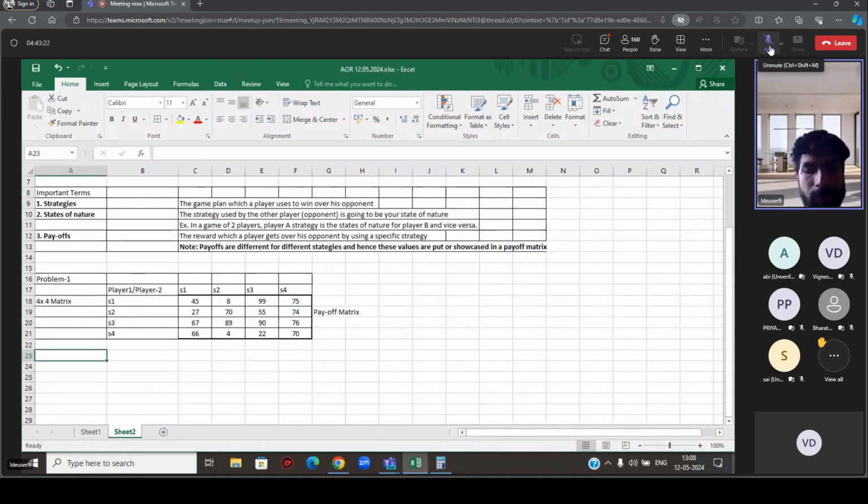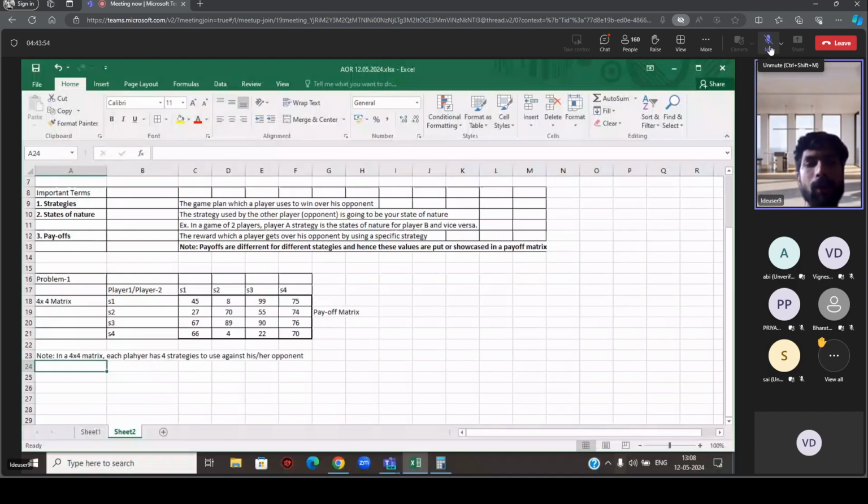Note, in a 4 cross 4 matrix, each player has 4 strategies to use against his or her opponent.